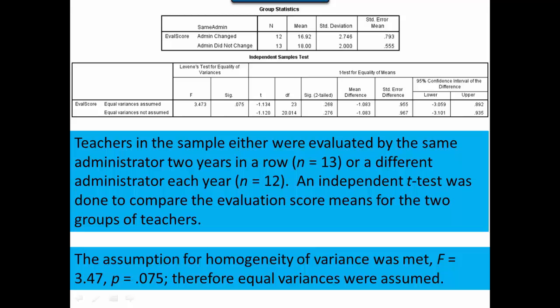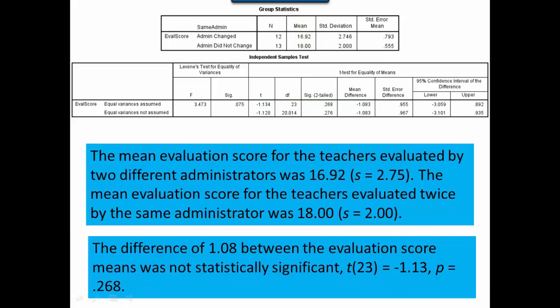The assumption for homogeneity of variance was met. F equals 3.47, P equals 0.075. So I'm going to keep the null hypothesis. Therefore, equal variances were assumed.